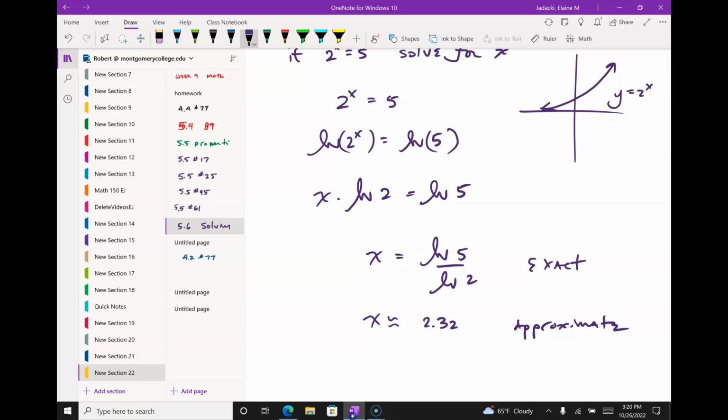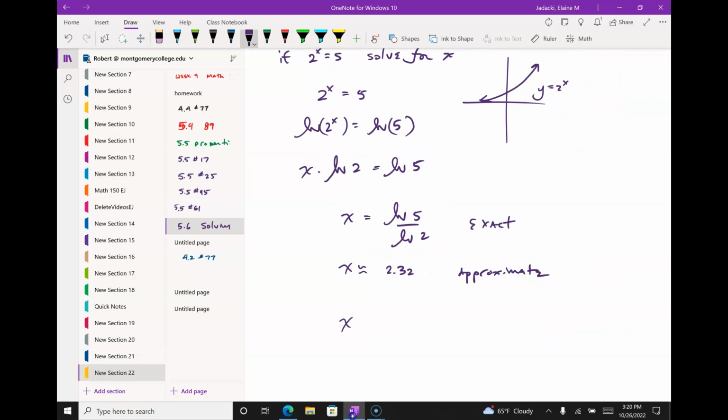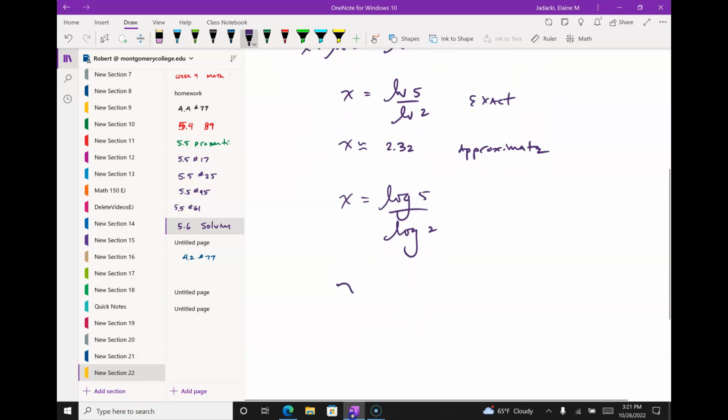If I want all exact answers, I can use a change of base formula. So I know this is also log of 5 over log of 2. And I also know it's log base 2 of 5.